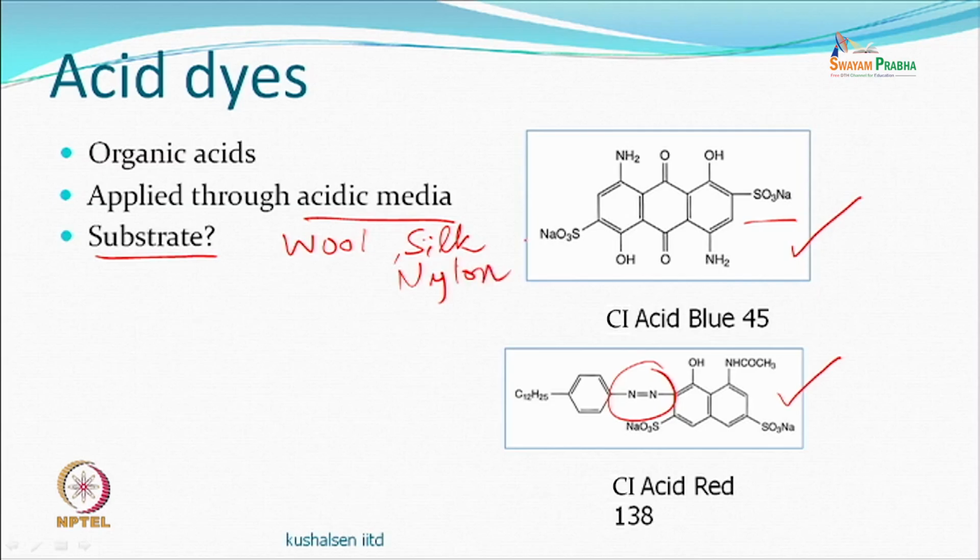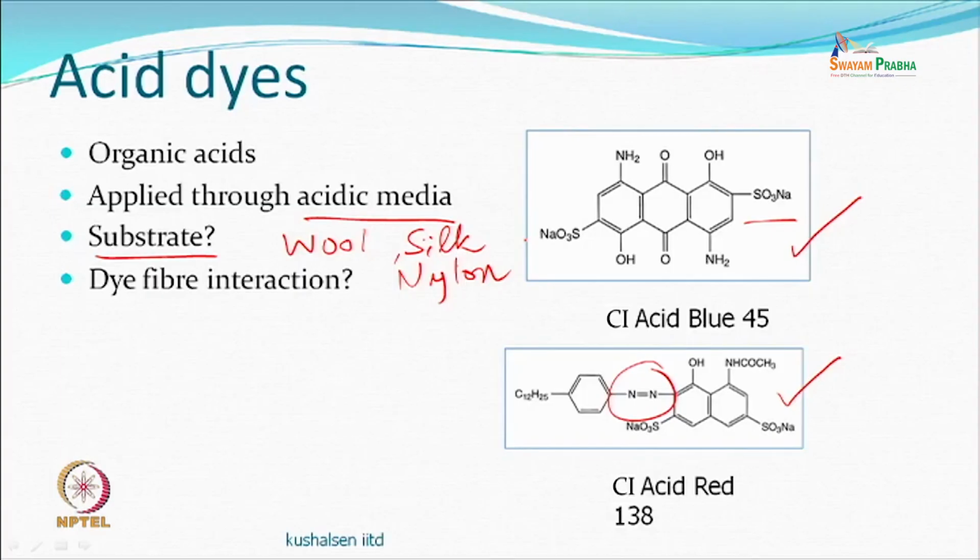So wool, silk, and nylon will all assume a positive charge, and so anything which is negatively charged will get attracted, and we will have various controlling mechanisms to make sure the right kind of bondings are formed.